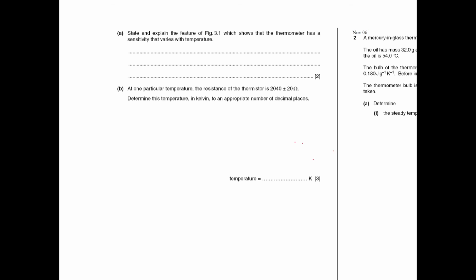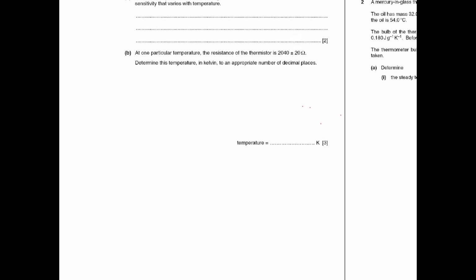Now, part A, they ask: state and explain the features of figure 3.1 which show that the thermometer has a sensitivity that varies with temperature. Okay, so if you look at the graph, the graph is something like this.